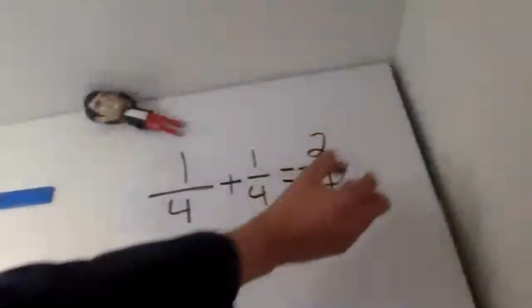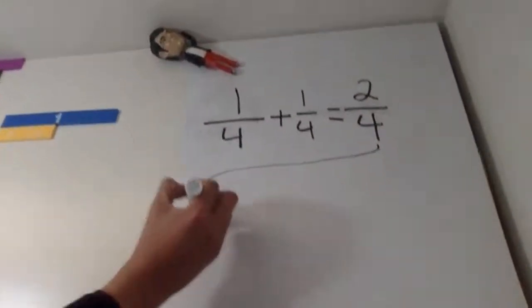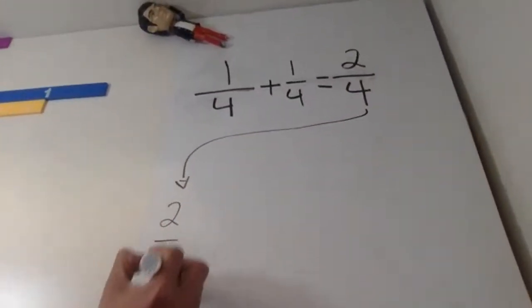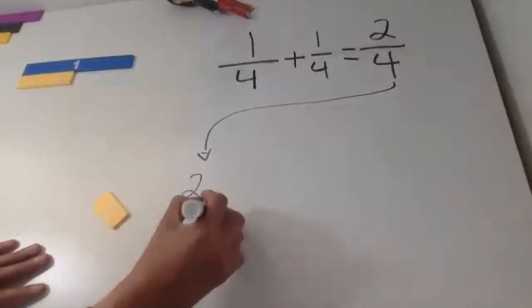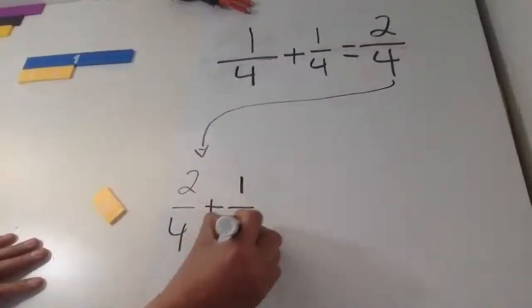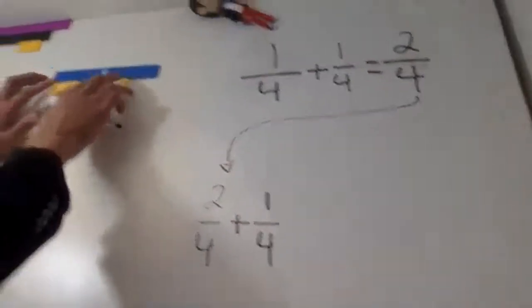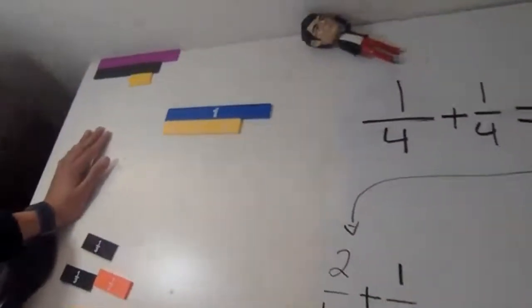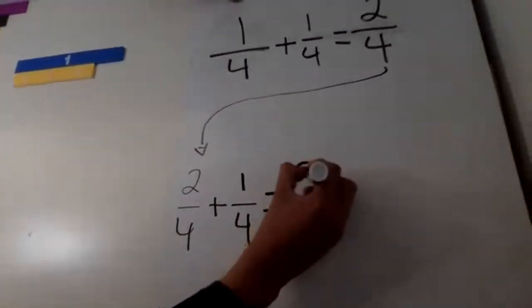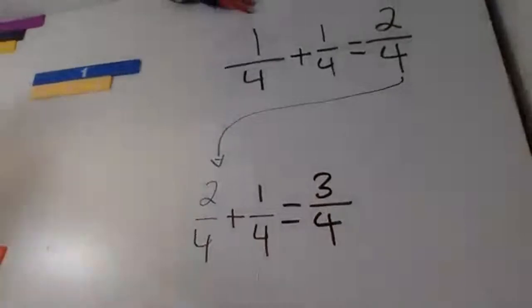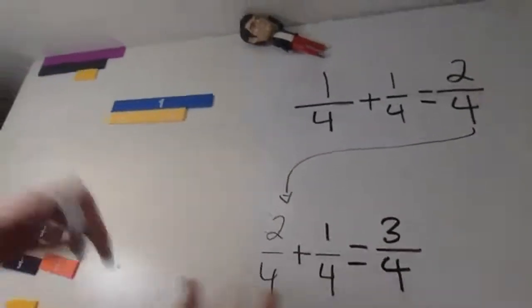Now I'm going to move my 2/4 all over here. 2/4. I'm going to add another 4th. If I have 2/4 plus 1/4 more, that gives me a total of 3/4. Okay? So that's the thing.